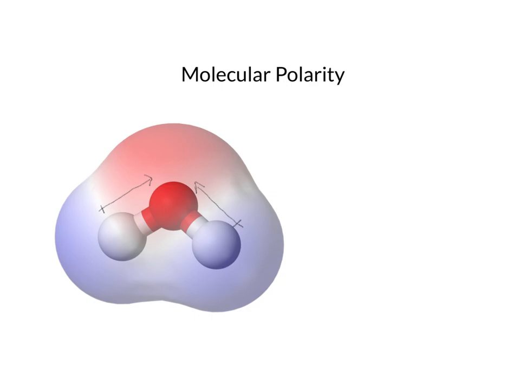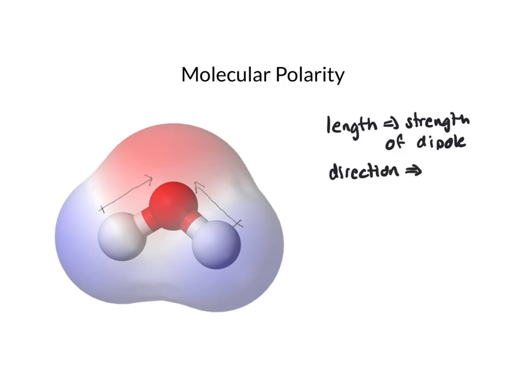The length of the arrow tells me the magnitude, how strong that dipole is, and the direction shows me which way the electrons are being pulled.